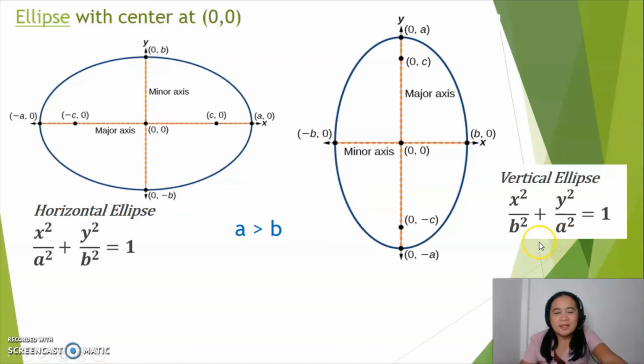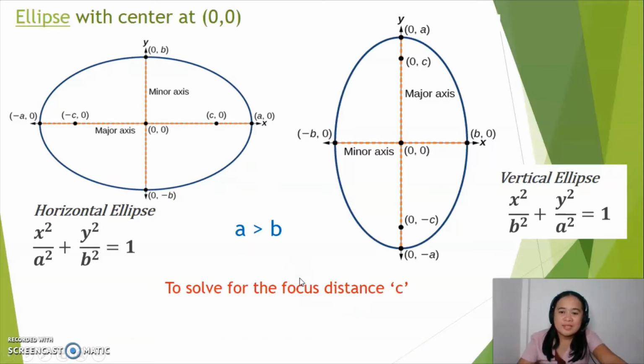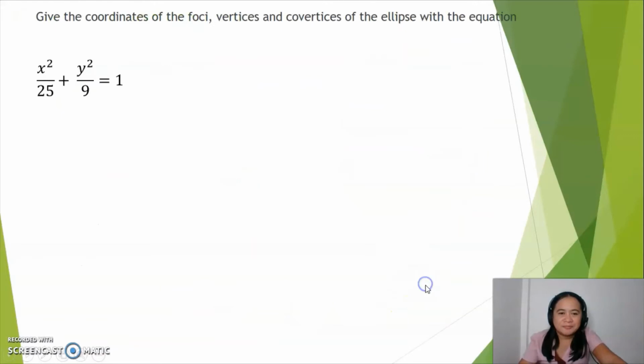But if the bigger denominator is under y, then it is vertical. Another thing is how to find the distance from the center going to the focus, or the focus distance c. To do this, we will use the equation c squared equals a squared minus b squared.